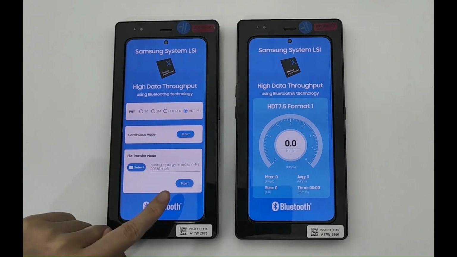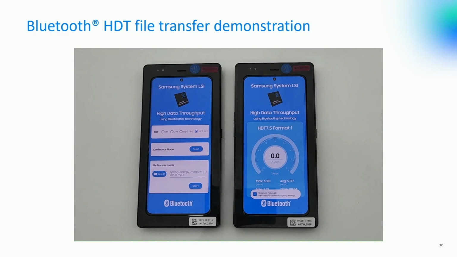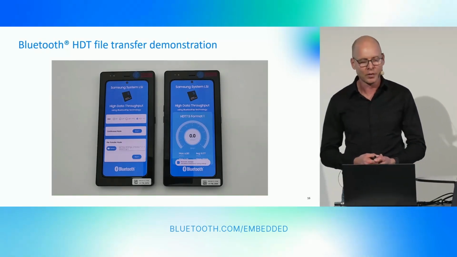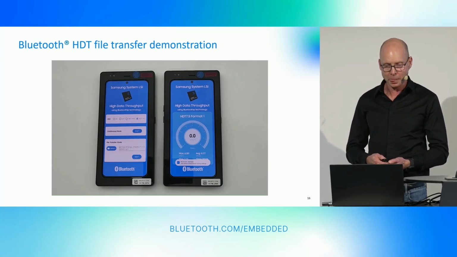Now we're going to switch to HDT packet format 1 and run that same transfer. And let's see how long it takes. Done already, right at 4 seconds. So there you have it, 4x speed improvement transferring a file using HDT compared to the existing LE 2M PHY.